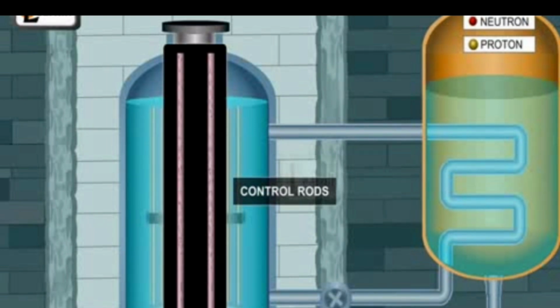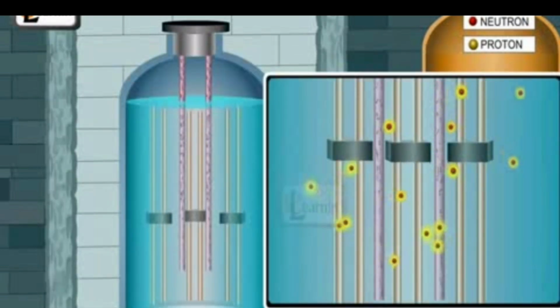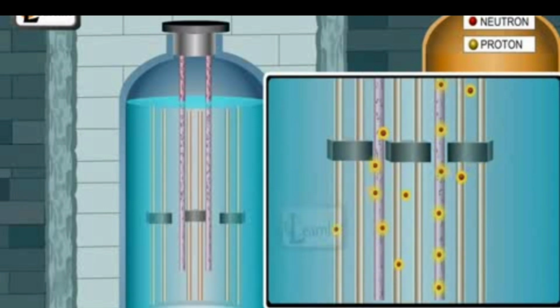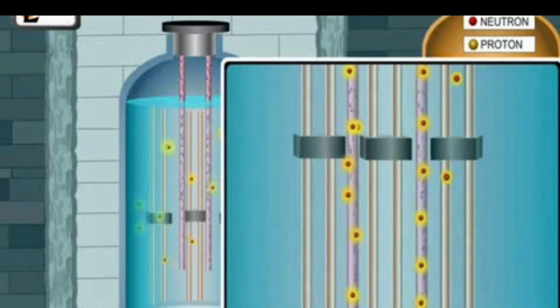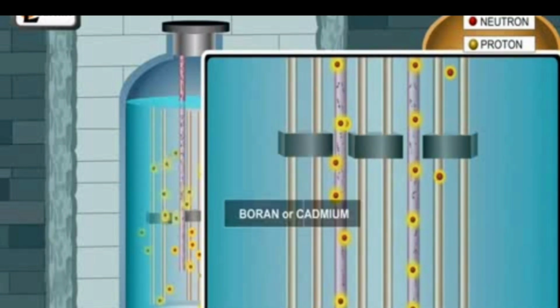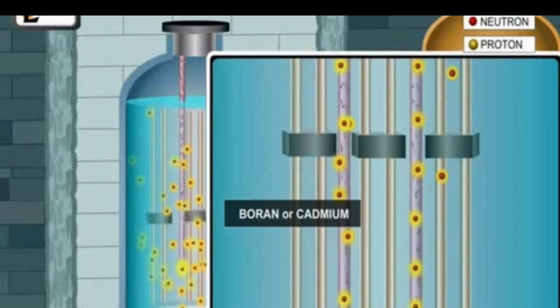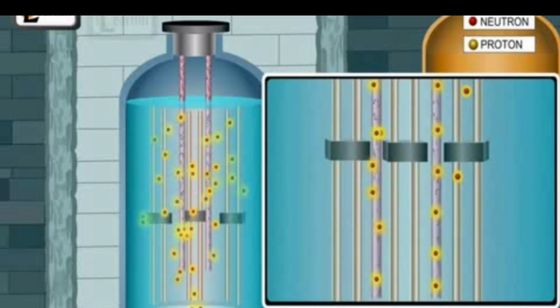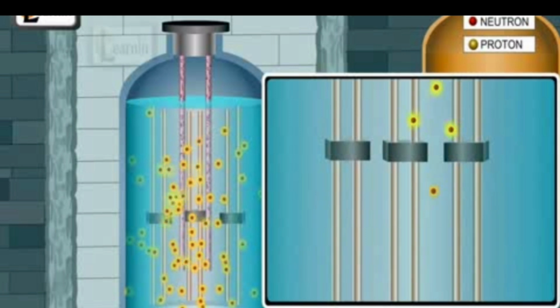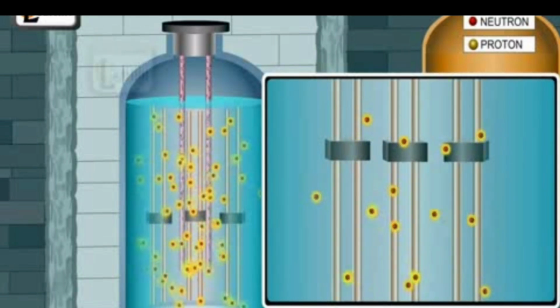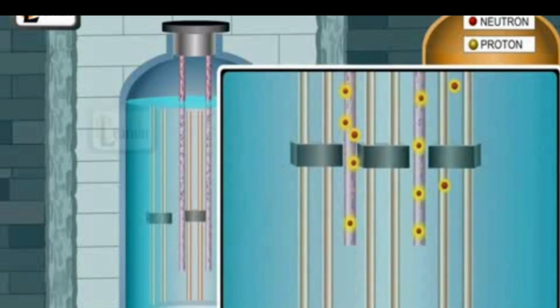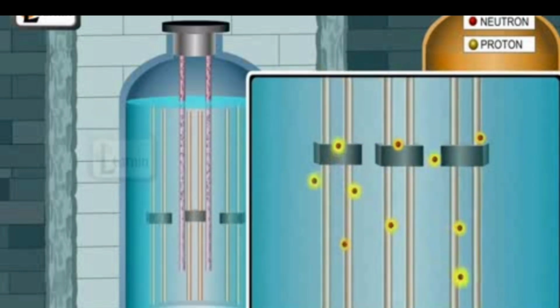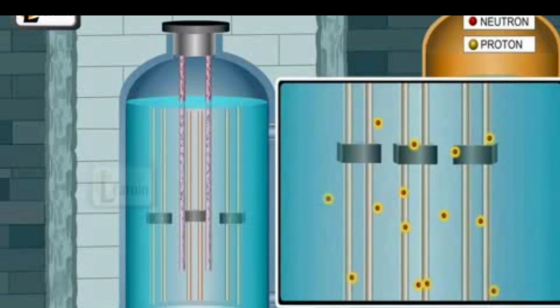When the control rods are inserted between the fuel cells, the cadmium or boron absorbs the neutrons, so it slows down the nuclear chain reaction. All the neutrons are absorbed by the cadmium or boron. Any one material is used in the nuclear reactor. Now there are very few neutrons. Again, if the neutrons increase, we can put in the cadmium and boron metal. Using them, we can control the chain reaction inside the nuclear reactor.